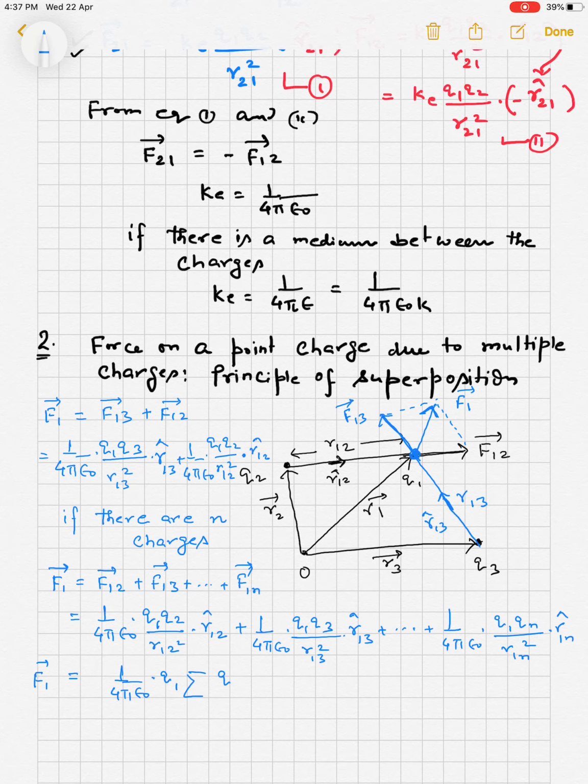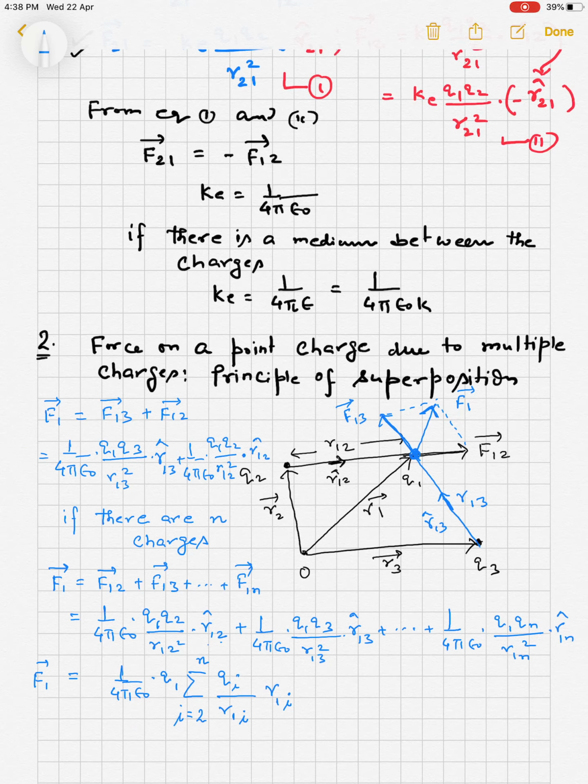Here I am writing qi upon r1i, where the number is changing from 2, 3 up to n. The 1 is common, 1 2, 1 3, 1 n, so here we put i, and the value of i varies from 2 to n.